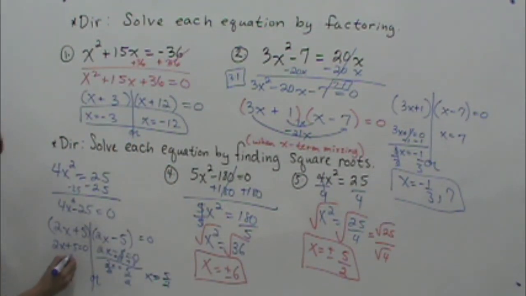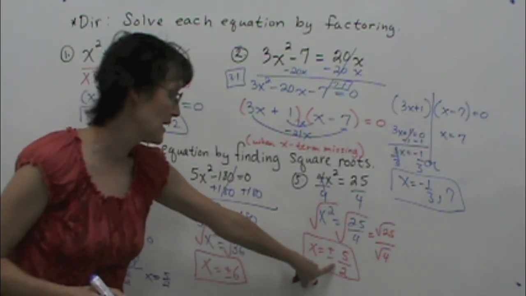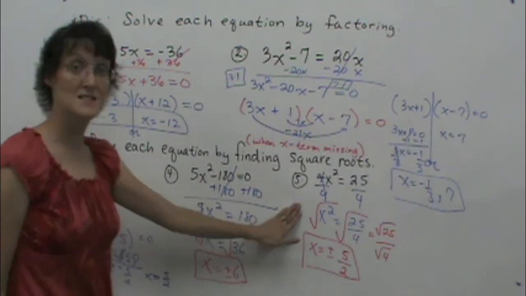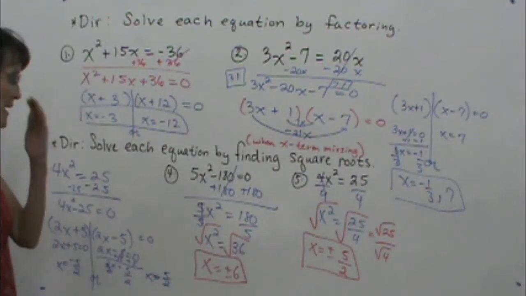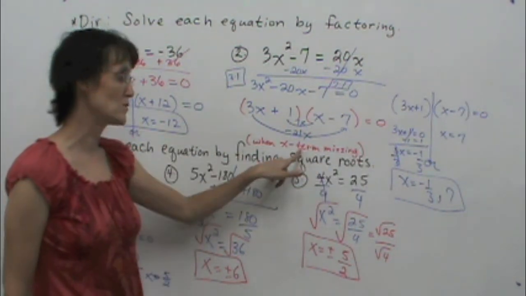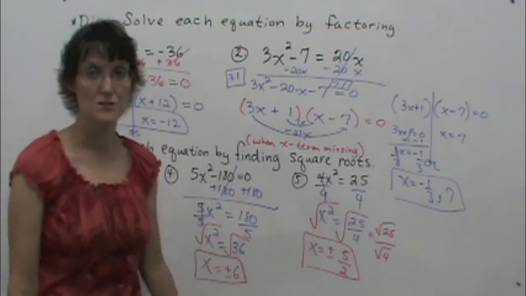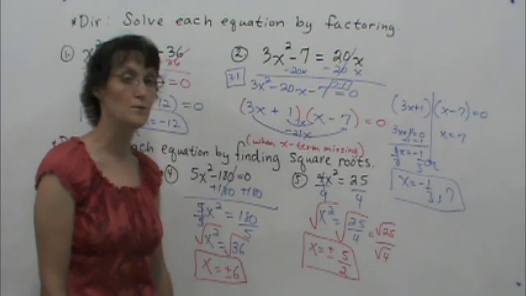Then this one would be your negative. So this is x is equal to a negative 5 halves when you go ahead and solve those baby steps. And there's your negative 5 halves. Okay, so you will get the same answer. This is quicker. Okay, so don't forget about finding square roots, and that's when the x term is missing. Okay? All right, so I'm just going to do one more thing with you, and then we will be complete.